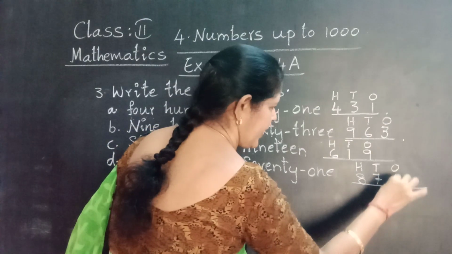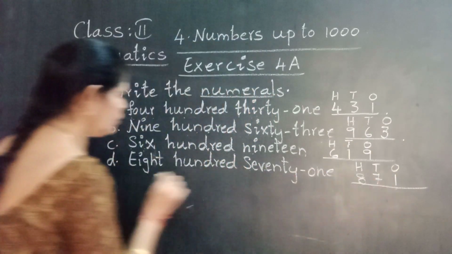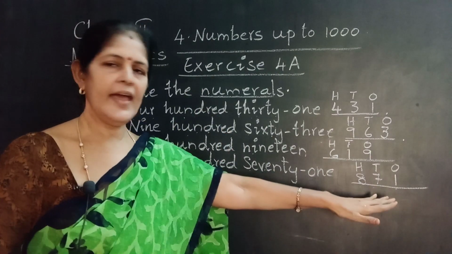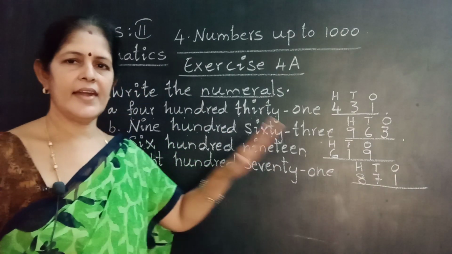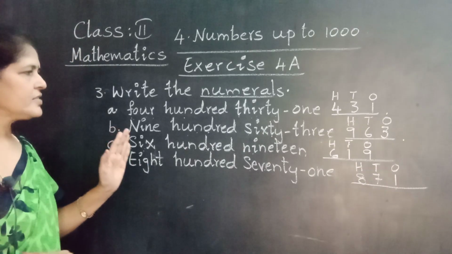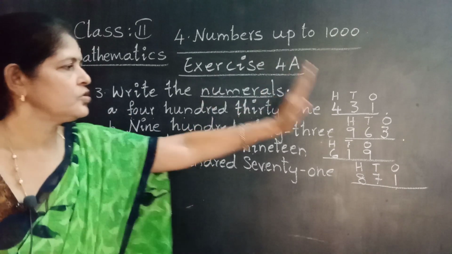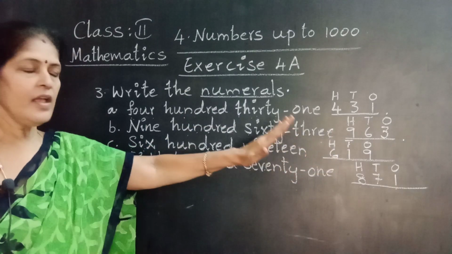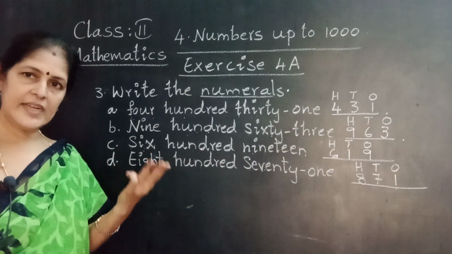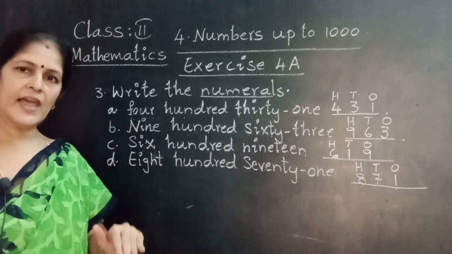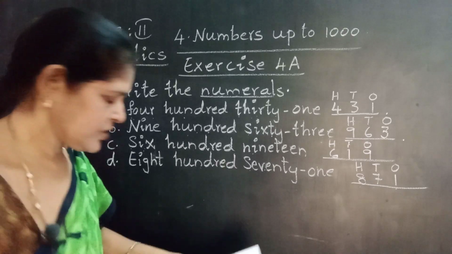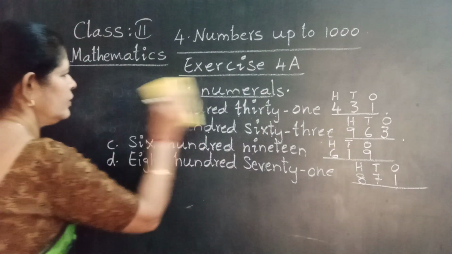A 1-digit number belongs to this number name. Here spelling, here figure. 871. These are number names, these are numerals. Number names, numbers. Okay? How to read the 3-digit number? How to write the number name? How to write the numeral? Go to next one, Nana. Fourth one.